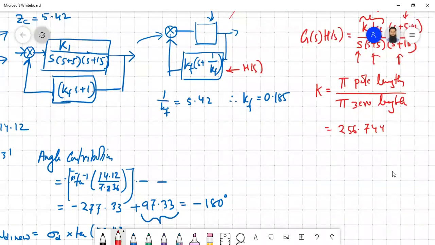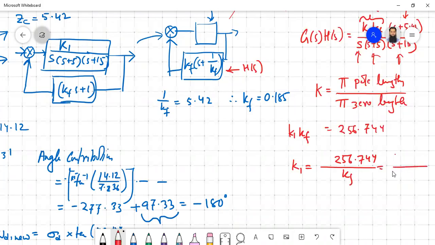So K is 256.744. Actually, K has both K1 as well as KF. We already figured out the value of KF. So K1 will be 256.744 divided by KF, where KF is 0.185. If you put the value, it will be approximately 1387.7. I'm just following the book value, so 1388.